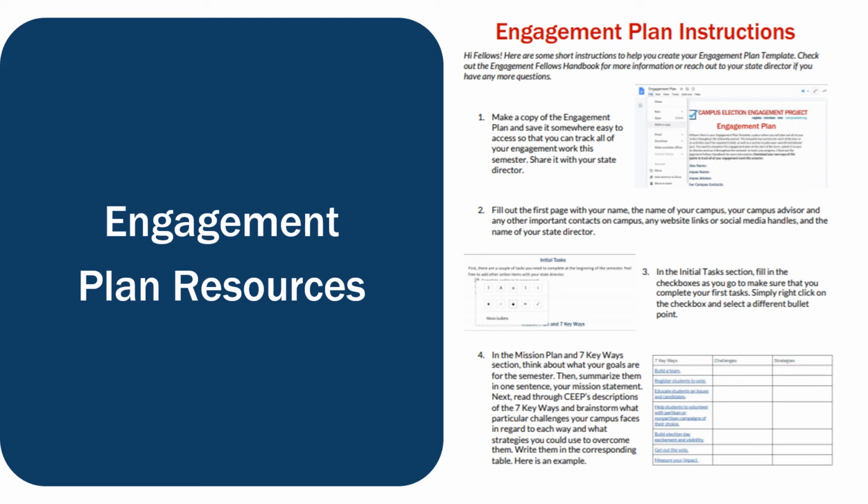You'll be provided a sample engagement plan using the current engagement plan template, as well as several past engagement plans from past fellows. You will also have access to step-by-step instructions that describe how the engagement plan is meant to help you in your work. If you have any questions about these resources or the plan itself, please reach out to your state director.